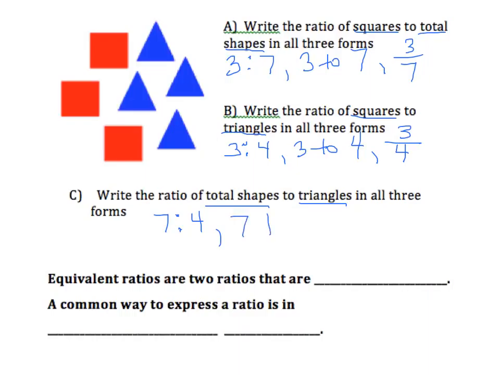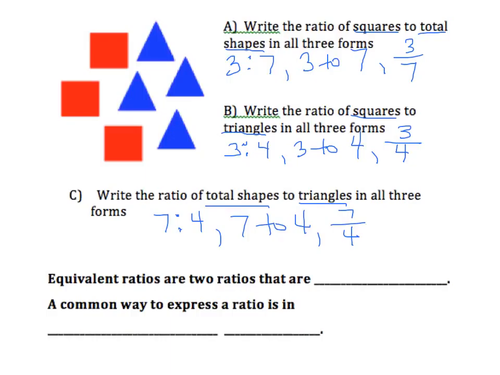I could write 7 to 4. That's another way. Or I could write 7/4. That's the third way. If I look at what kind of ratio did I just write, or did we just write, this is a whole to part ratio because we're comparing total shapes, which is the whole picture, to triangles, the part of the picture that are triangles, whole to part.